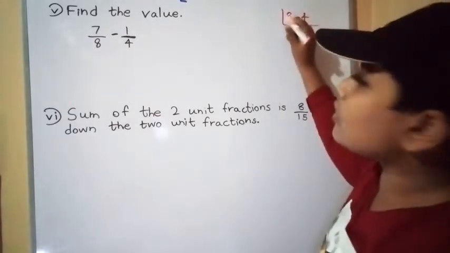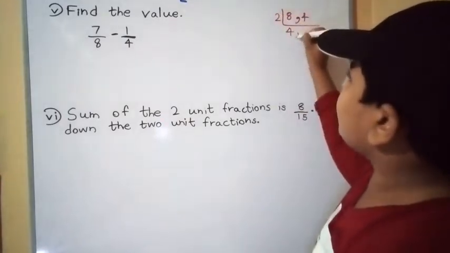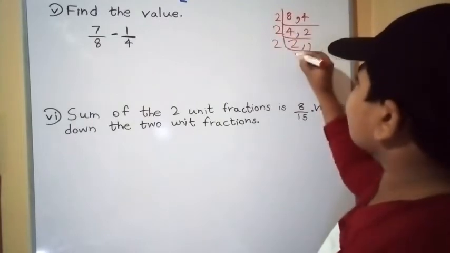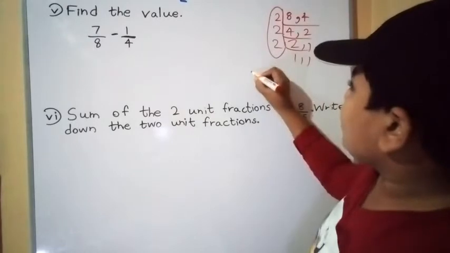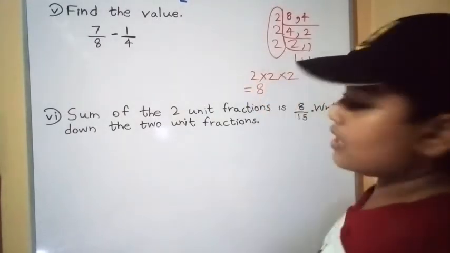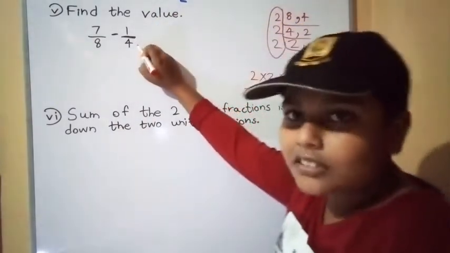Now you want to divide by prime numbers. 2, 4. Again 2, 2, 1. Again 2, 1, 1. Now they have 2, 2, 2. Now 2 multiply 2 multiply 2 means 8. Now you want to change the denominator also to 8.